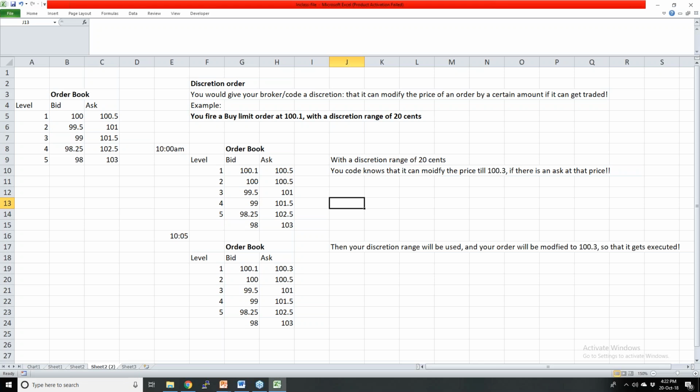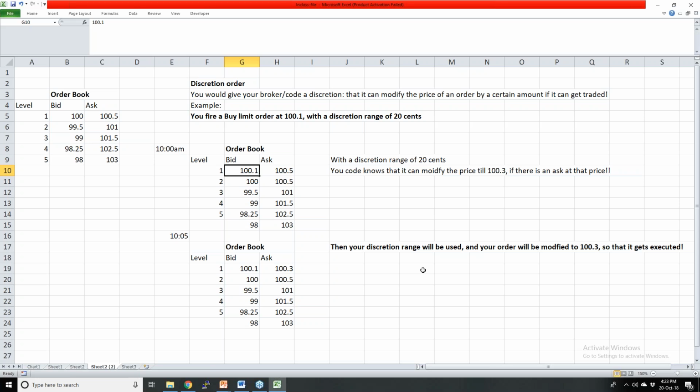All right. What's the difference between putting a limit order at 100.3 versus 100.1 with 20 cents discretion? This is a good question, guys. What is the difference between putting it at 100.1 and not at 100.3 straight away? The biggest difference is that had I just put it at 100.1, instead of somebody moving to 100.3, it's quite possible that they trade at 100.1, right?